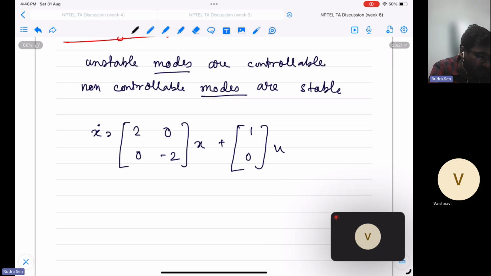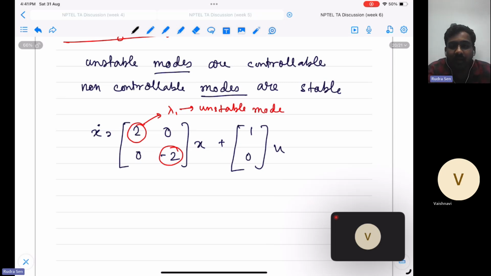This is lambda one, this is lambda two. Let's say lambda one is an unstable mode because lambda one lies in the right half of the complex plane. This is the unstable mode, and this is the stable mode.